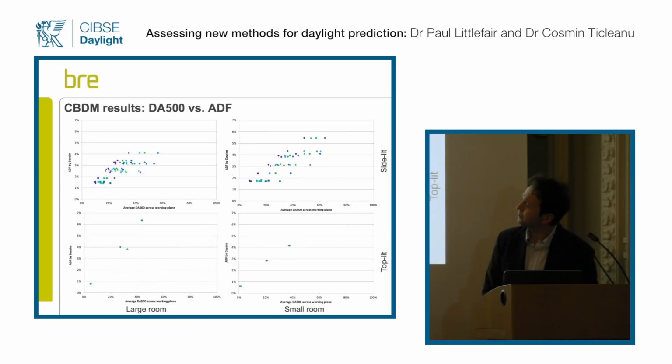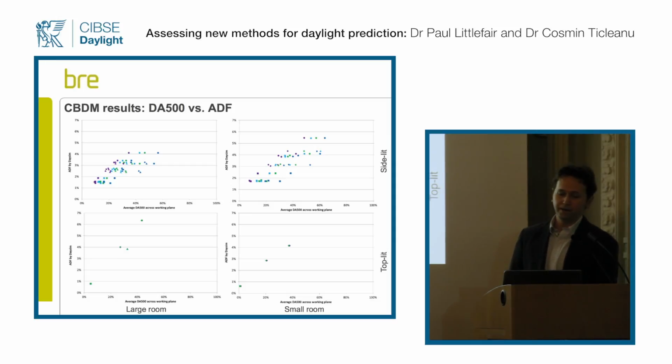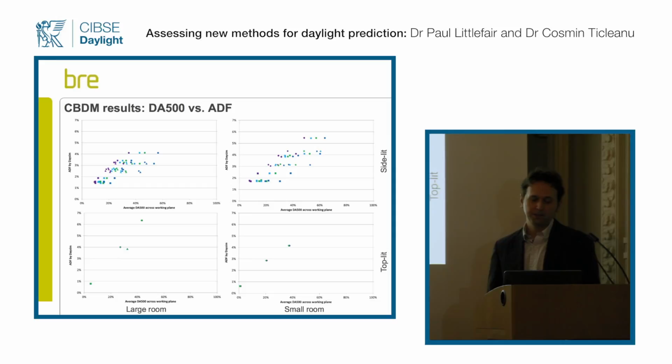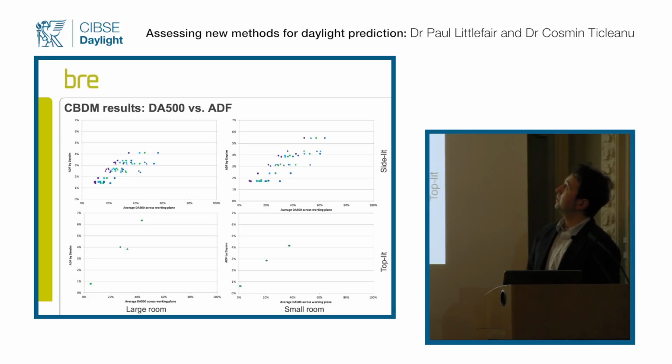I'm not sure if you can see this very well. We just try to represent the various findings, lots of data again, within these few slides. These graphs here show DA 500 and average daylight factor.